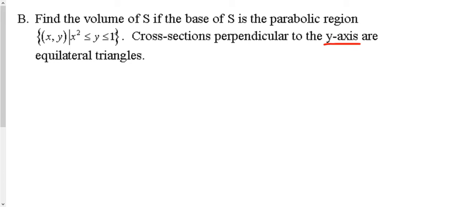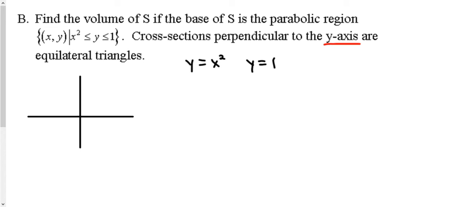And now this notation I'm going to break down a little bit. They're basically telling me my functions are y equals x squared and y equals 1. So if I picture that region, y equals 1 is just a line like this, and then y equals x squared is a parabola that does something like this.